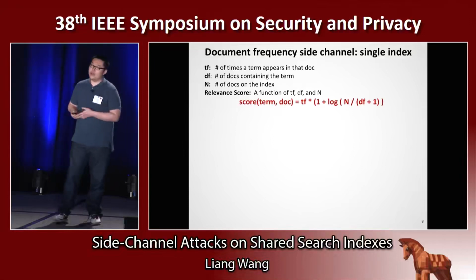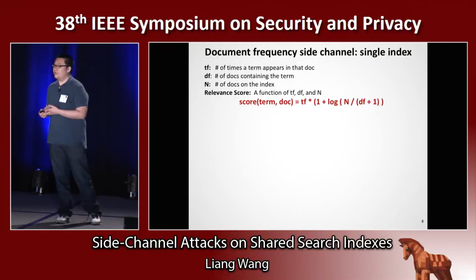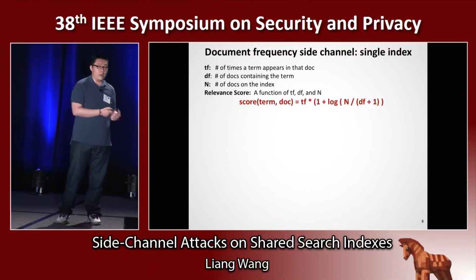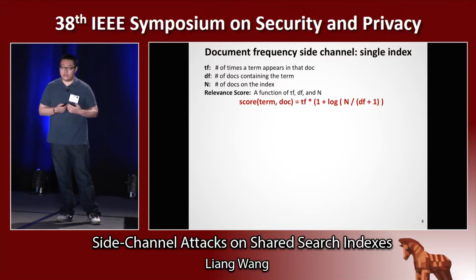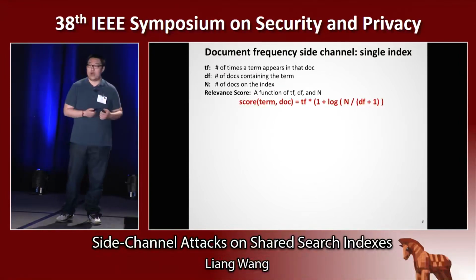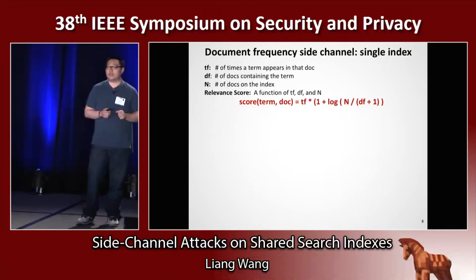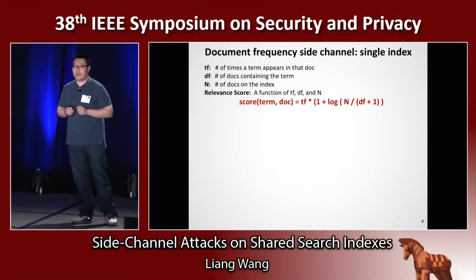So relevance score is a function of TF, DF, and the total number of documents on a given index. A higher relevance score indicates the document is more relevant to the search result. Some services will return the relevance score in their search result, like GitHub.